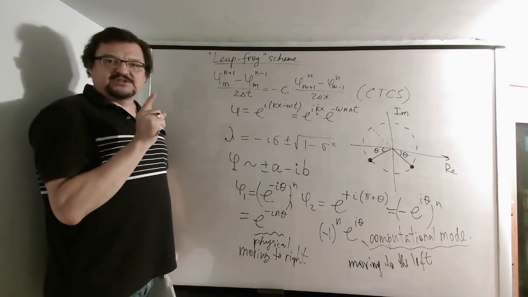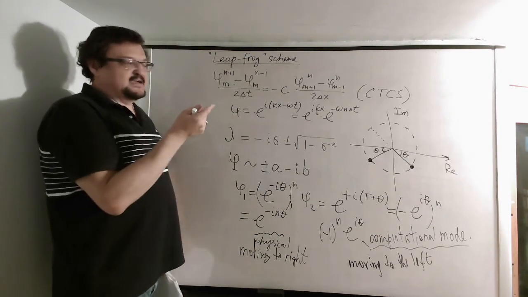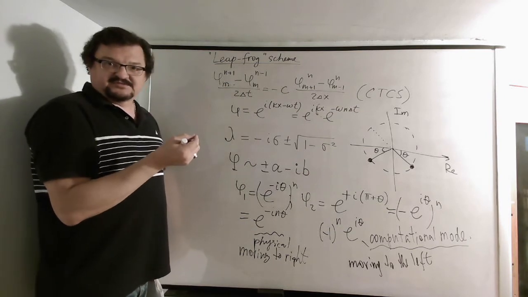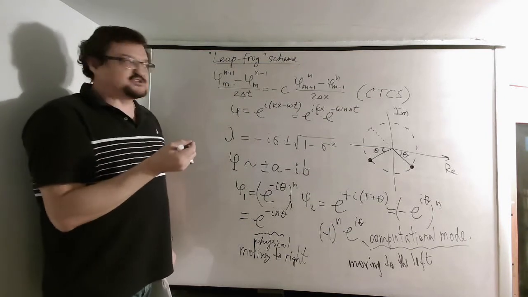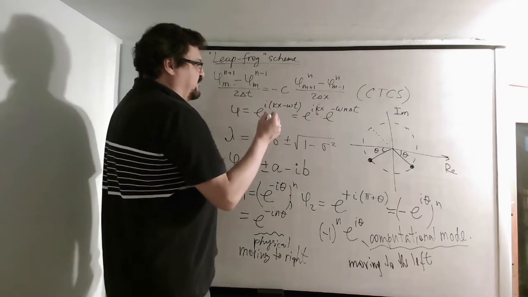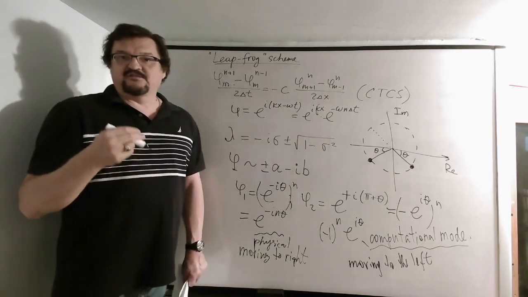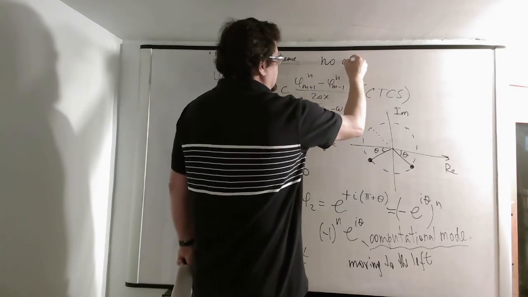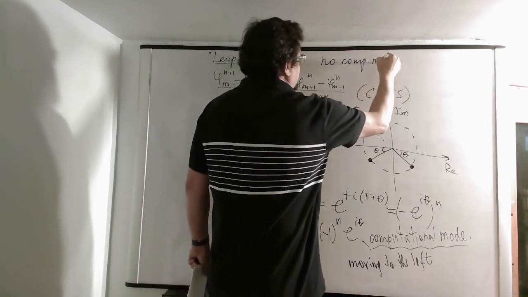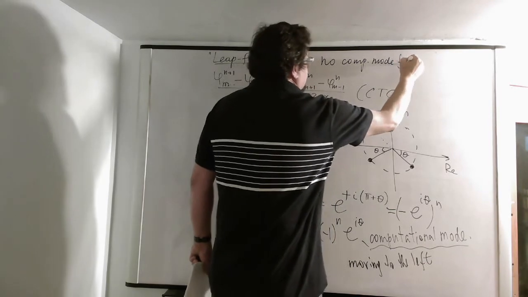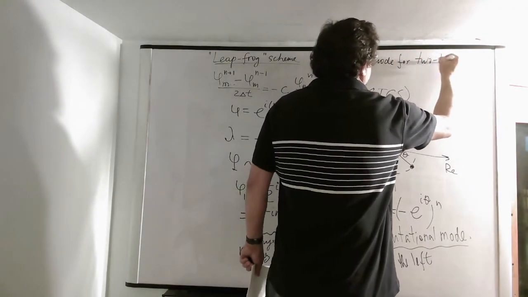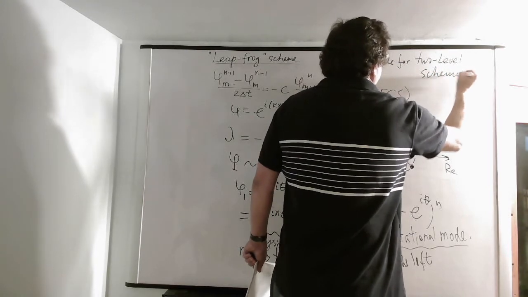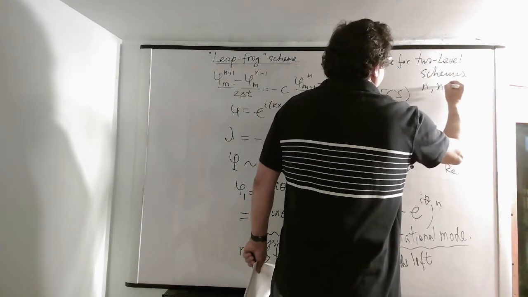If we had only 2 time steps, n and n plus 1, we would have only 1 lambda, and so we would have only the physical solution. So there is no computational mode for forward in time, say, for 2-level schemes, when you use n and n plus 1.